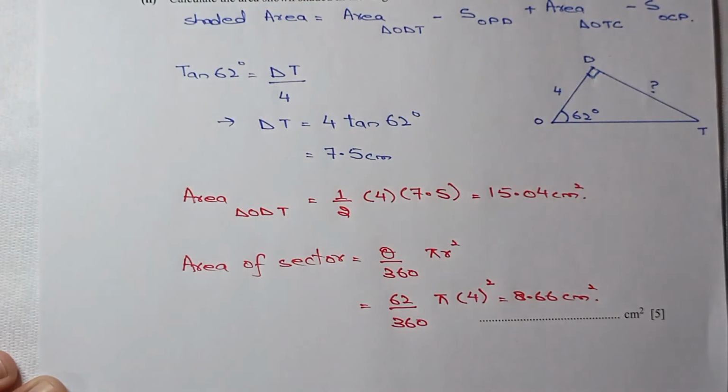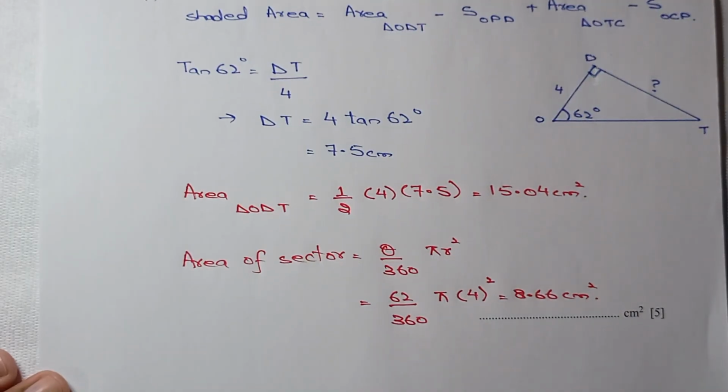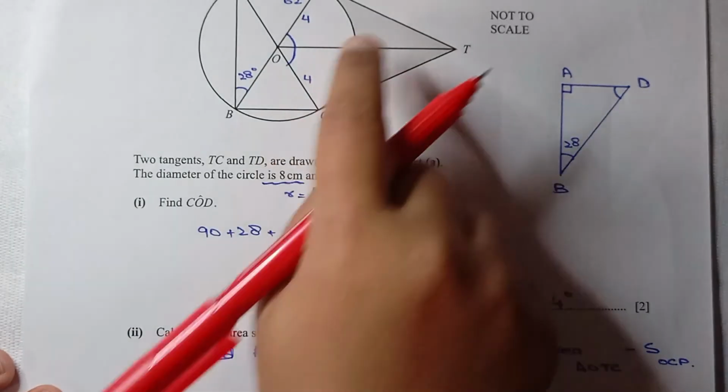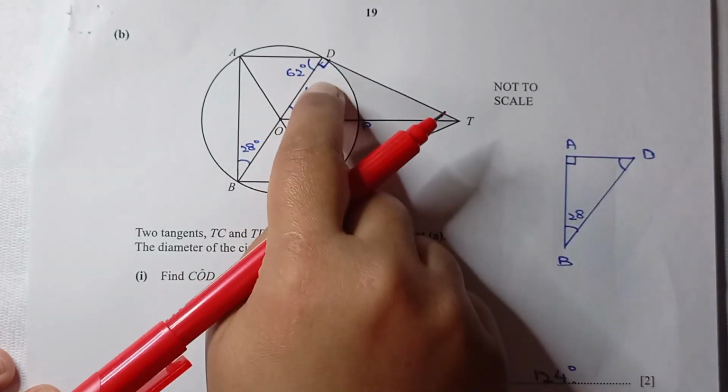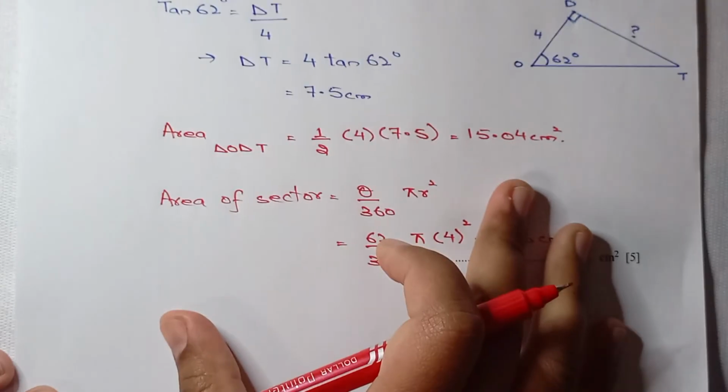So this is the area of a sector, and to find the area of the top shaded region, we need to do the area of the triangle, subtract the area of a sector because the sector is not shaded.